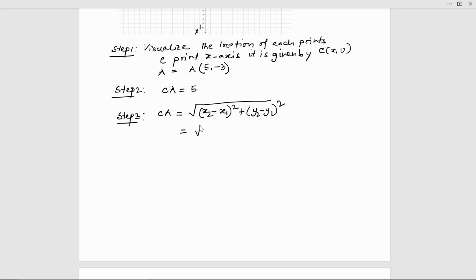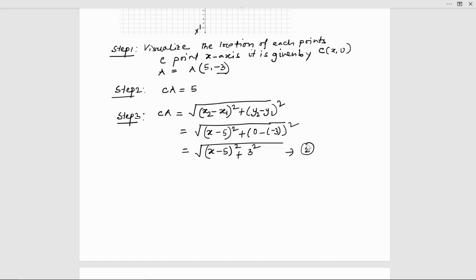So taking the square root, x minus 5 square plus here y is 0 minus of minus 3 square, because it is given minus 3. Therefore we have x minus 5 square plus minus and minus 3 is plus 3 square. So this will be my equation.